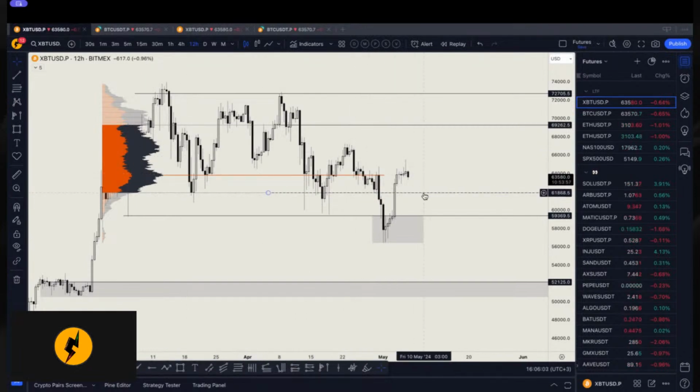But usually when we have a range, this is our price action range low, and this is the price action range high. Usually when we have a price action range, a ranging environment, I add the volume profile, and I want to see 2 things basically.